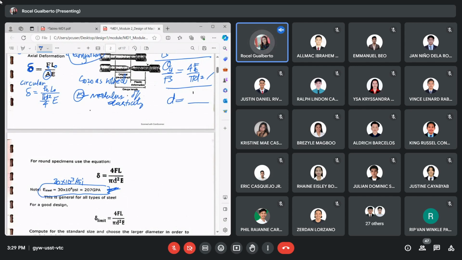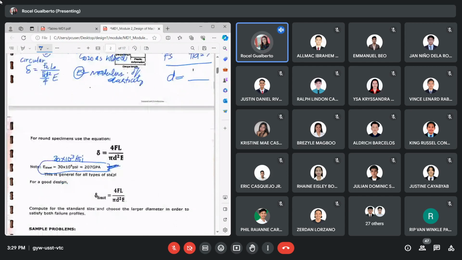So, as applied to round specimen, again, ano nga po yung equation? Magiging 4FL over pi d squared times E. Okay? And just like po doon sa atin na strength failure, dito po, meron po din tayong i-equate. Okay? So, for a good design, ano naman po ang ine-equate natin dito?